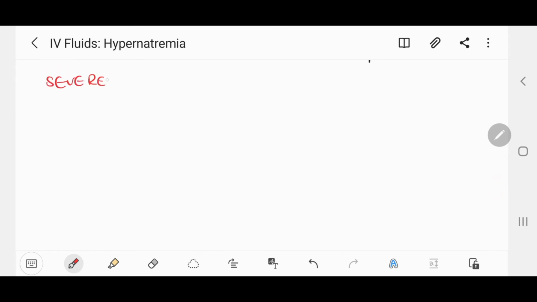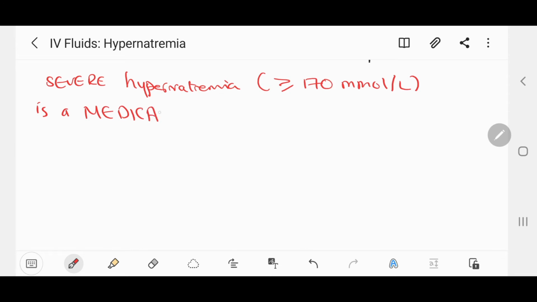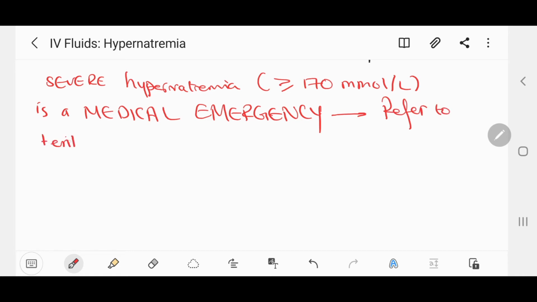Now, in severe hypernatremia, where the concentration of sodium is more or equal to 170 millimole per liter, this is a medical emergency. Refer to a tertiary center and contact ICU immediately.